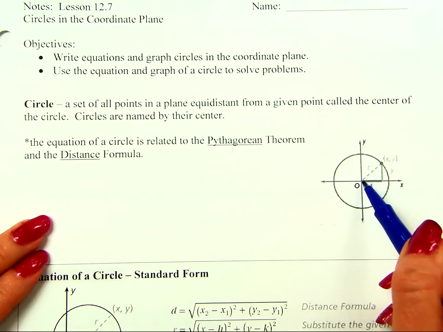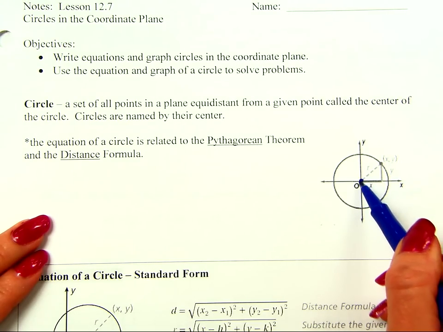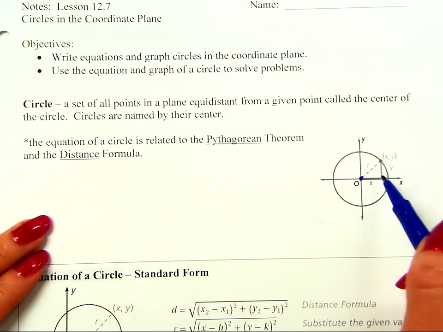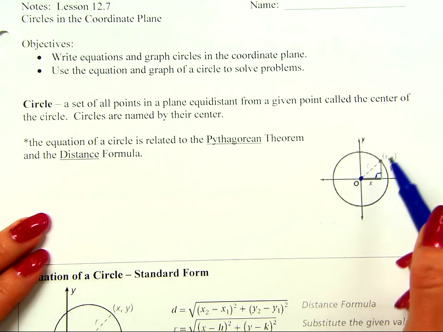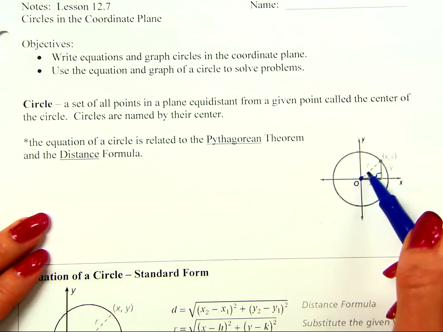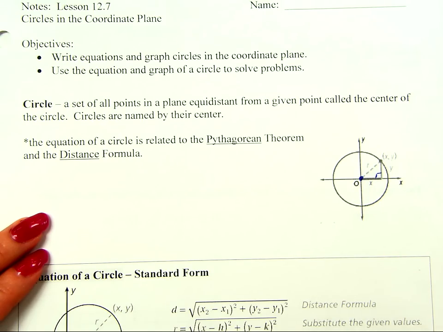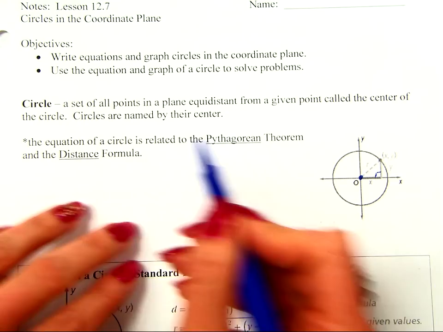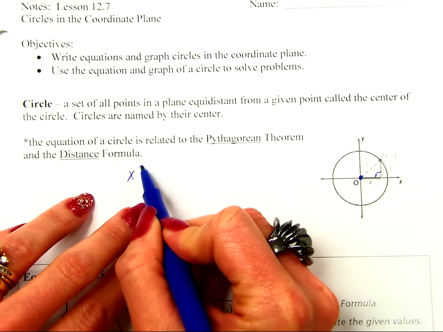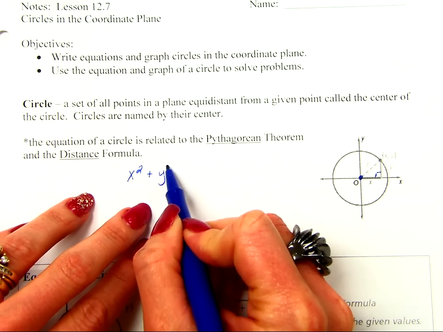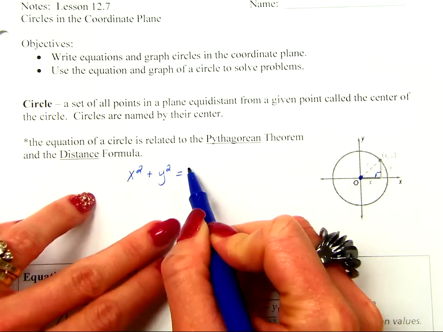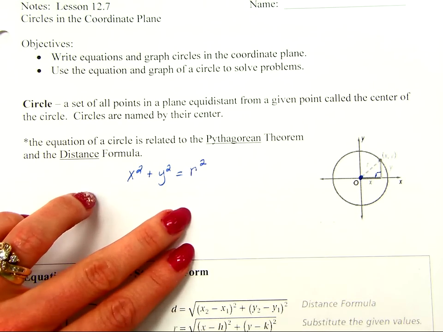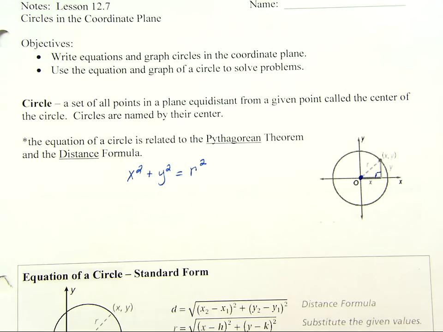First of all, you can see with my circle here, my center is at 0, 0, that I do have a right triangle when I look at a radius drawn in and connecting those two endpoints. I could think of that as x squared plus y squared equal to r squared, my radius, looking at Pythagorean theorem.